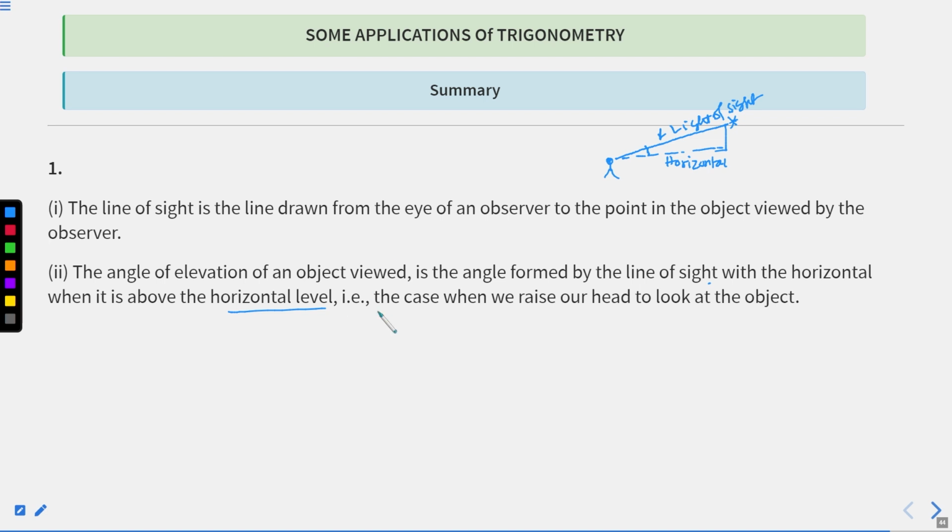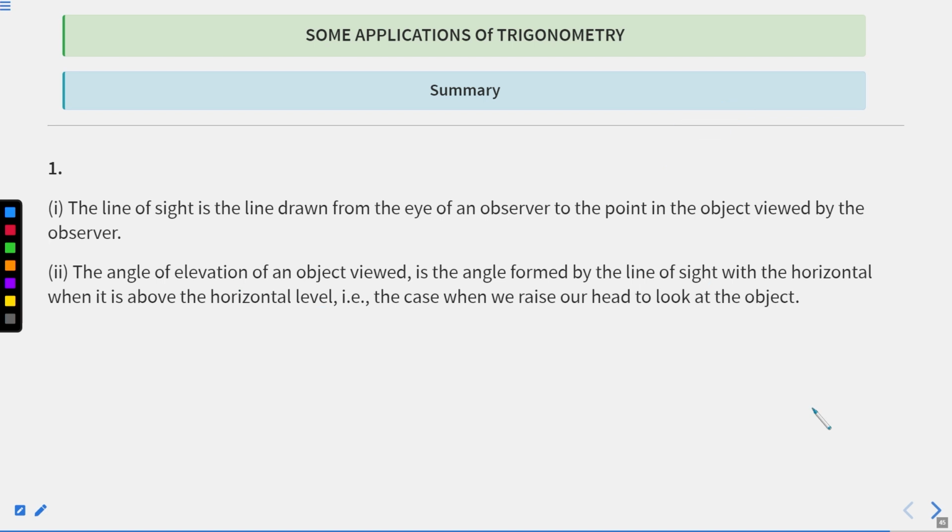So when we raise our head to look at the object, that angle is called angle of elevation. Okay, and when it is above the horizontal level, that case we get angle of elevation.